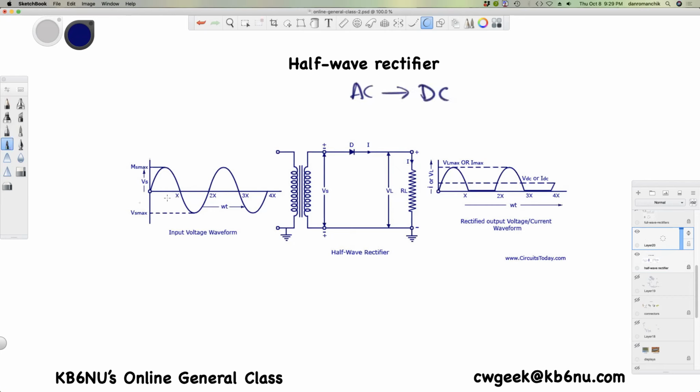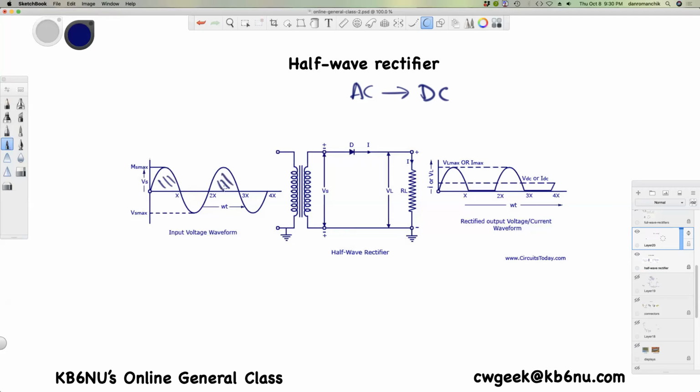So if I input an AC signal into this transformer, I'll get some kind of voltage on the secondary, and this diode will only allow current to flow during the positive portion of the AC cycle. So this is what I'm inputting. This is what I'm outputting. I'm only outputting anything during the positive portions of the cycle.